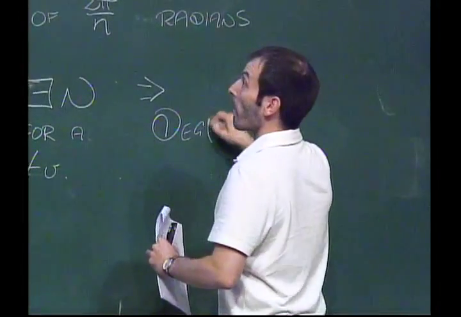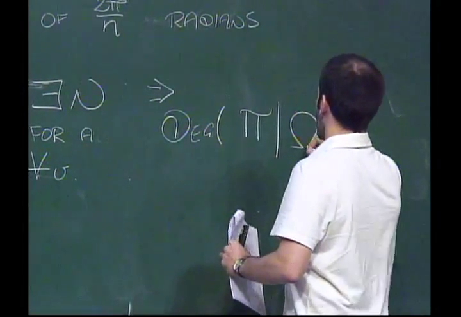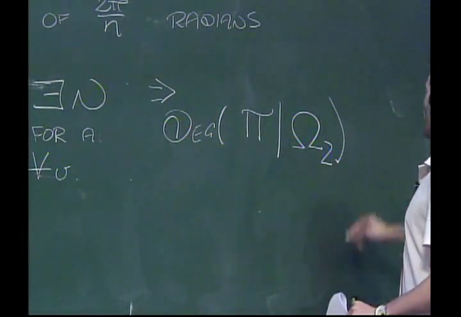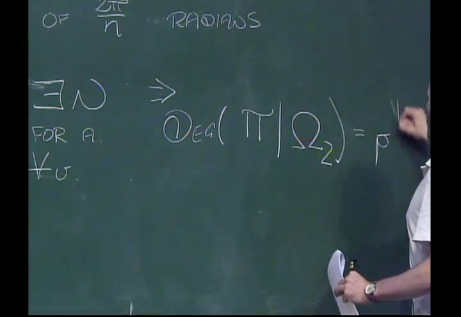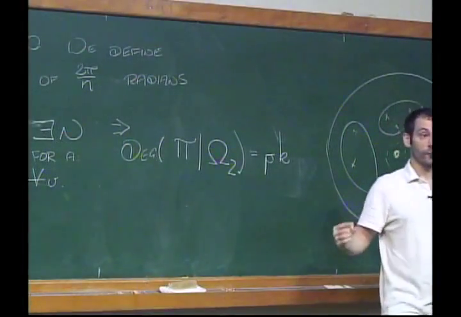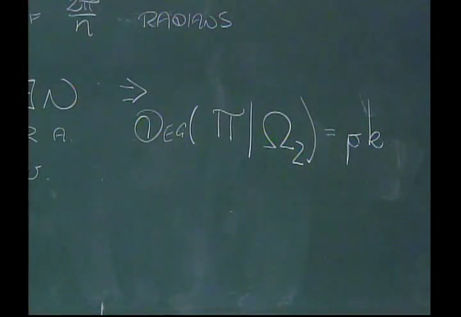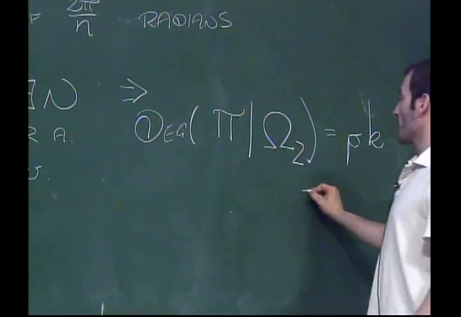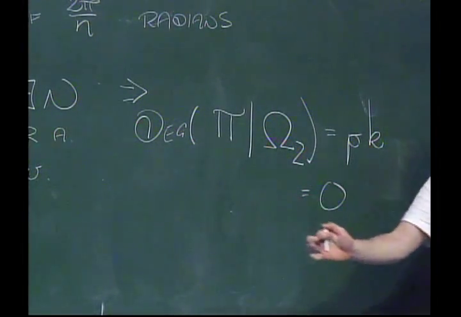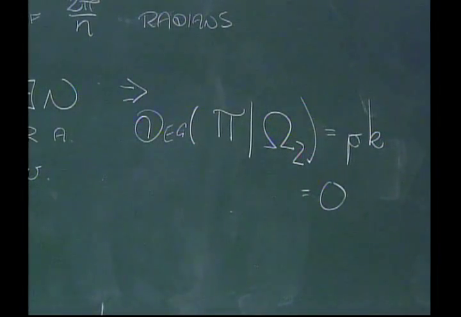Thus, the degree of π restricted to Ω_2 is equal to p times k for some integer k. And this is true for all large p. Because it's true for all large p, and because the degree is integer valued, it must be equal to 0.